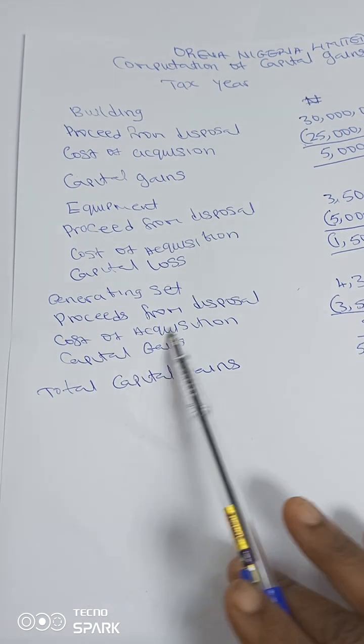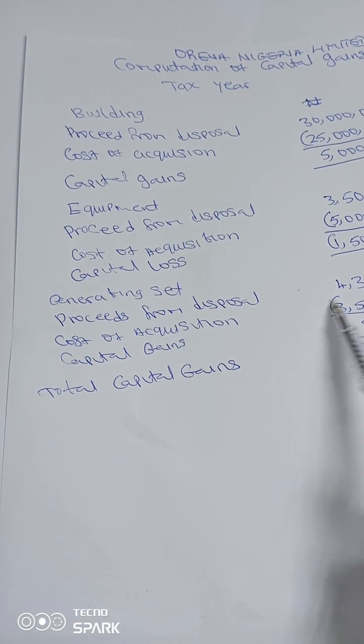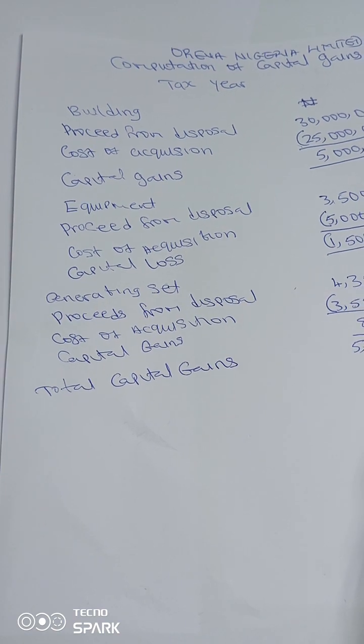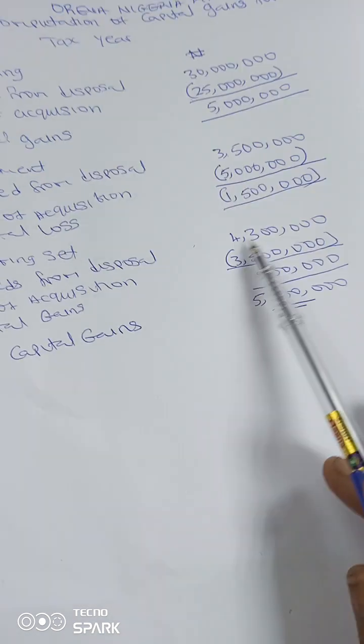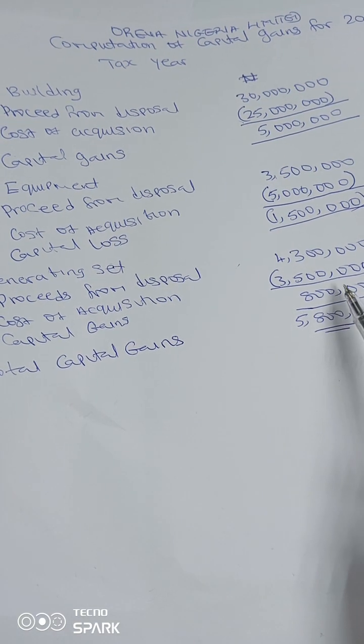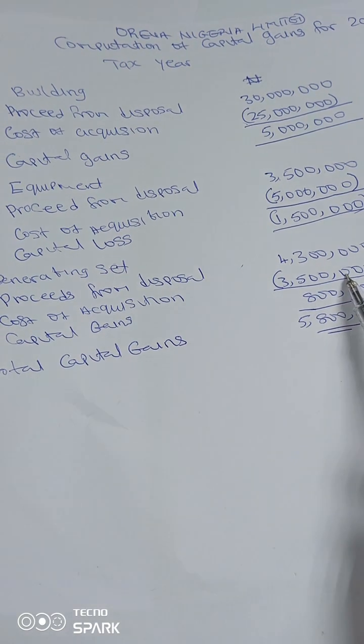So the generating set was disposed of, that was sold off at 4,300,000, but it was acquired at 3,500,000.